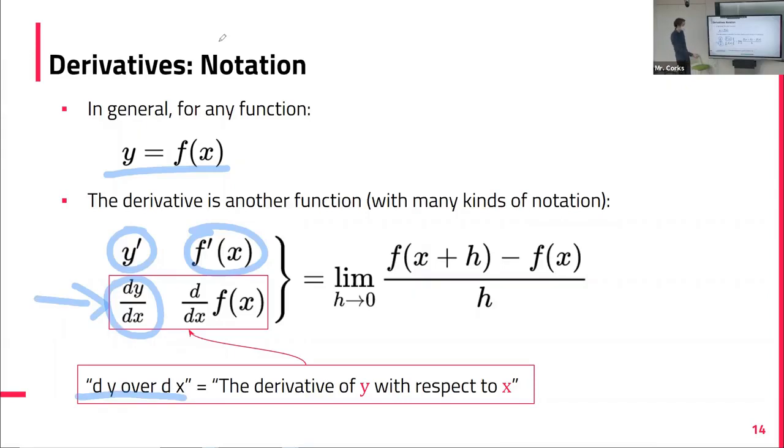So just memorize this whole thing as a little block. And same idea with the f of x notation, d over dx of f of x, that's the thing on the top there. Again, not a fraction. All four of those things mean the exact same thing, just the derivative of whatever function.